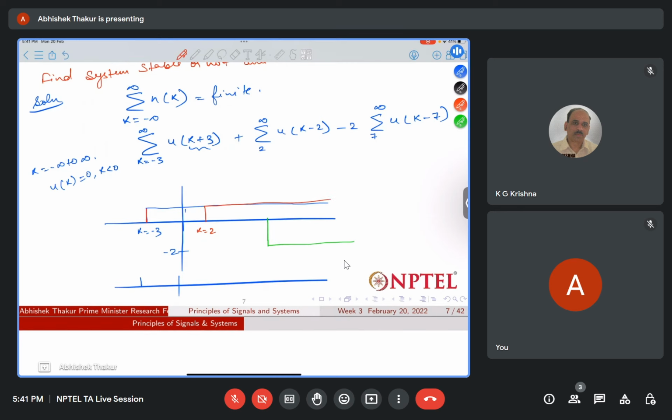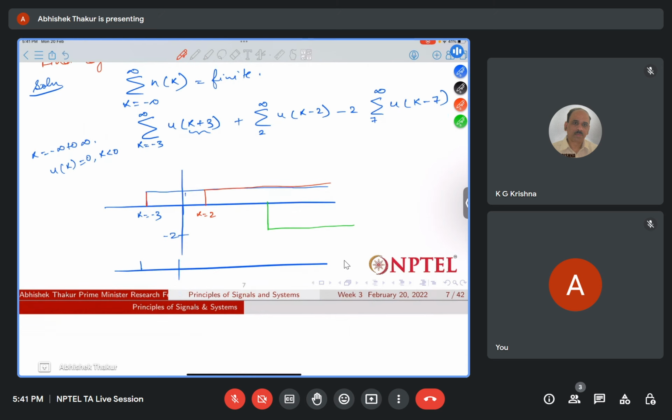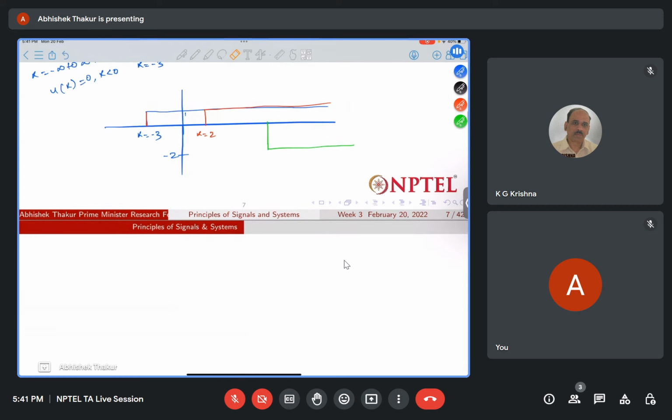So now I will draw correctly. So at k is equal to minus 3, it will be 1 only. I will draw in the next page. So this you have to take as discrete, like at every value it will be minus 2, it will be 1, like this.